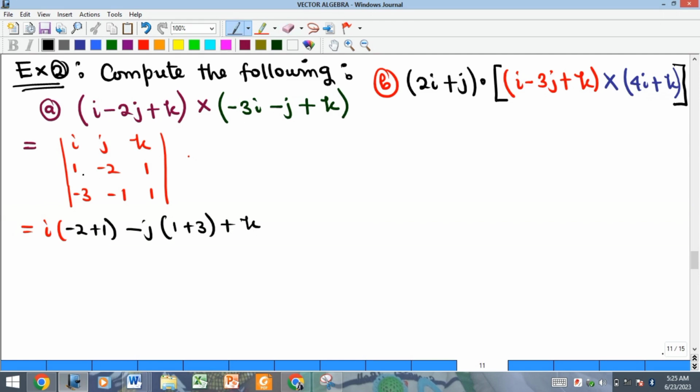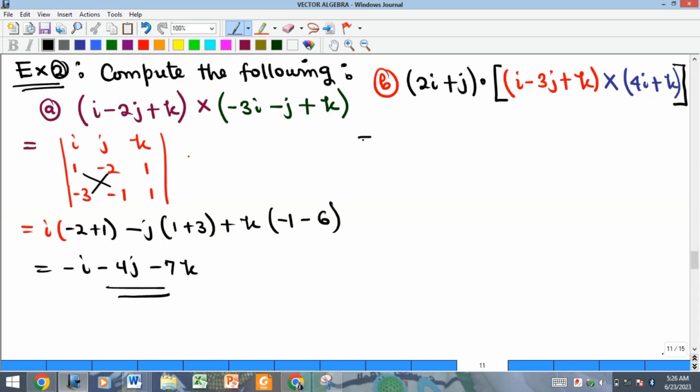So for our k, the last column will go, and so we'll first of all take minus 1, which is 1 times minus 1 is minus 1. Then we'll now have minus 6, and that is going to give us minus i, minus 4j, and then we now have minus 7k as our solution.